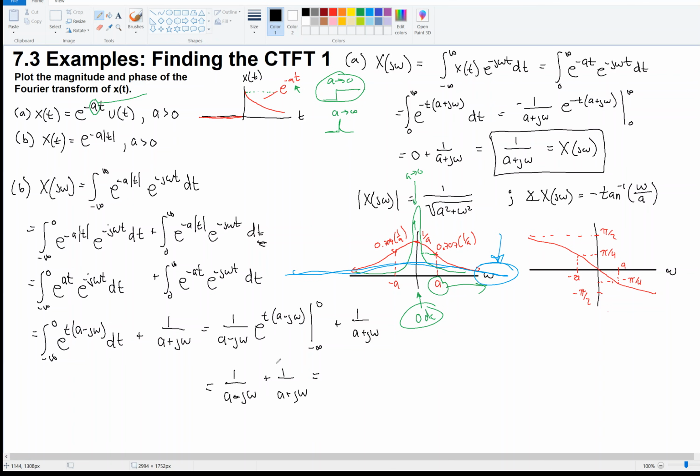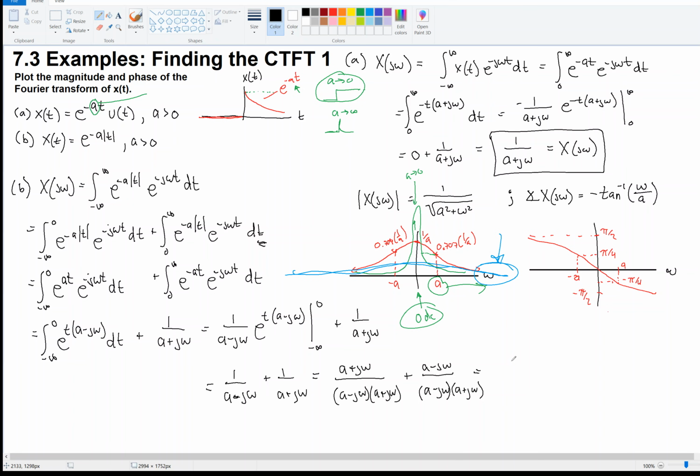If I multiply the first guy by a plus j omega over a plus j omega, just getting a common denominator, and then the second guy by a minus j omega over a minus j omega, then I have the common denominator.